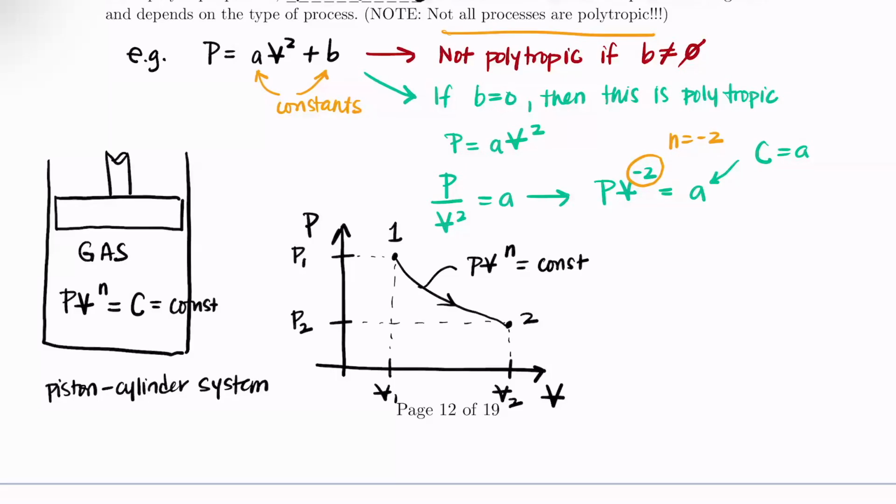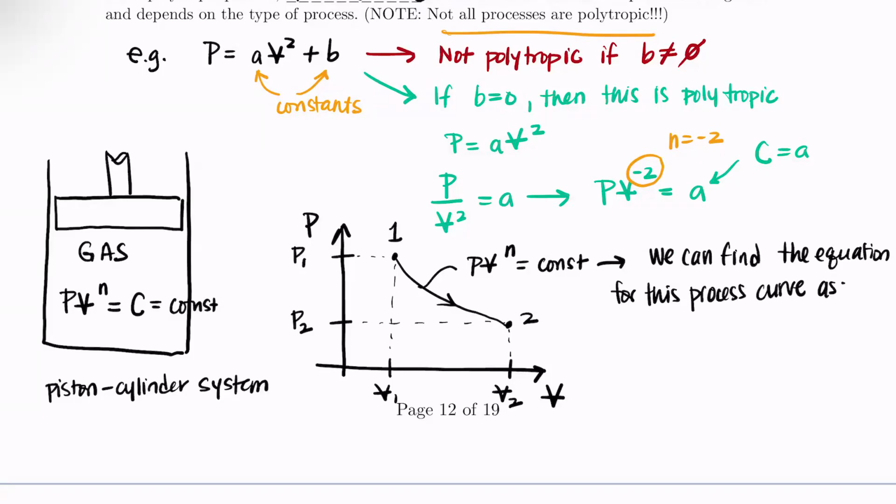The equation for this process curve is given to us by solving this equation for P in terms of V. So we can find the equation for this process curve to be P is equal to our constant over V to the n, or C times V to the minus n.